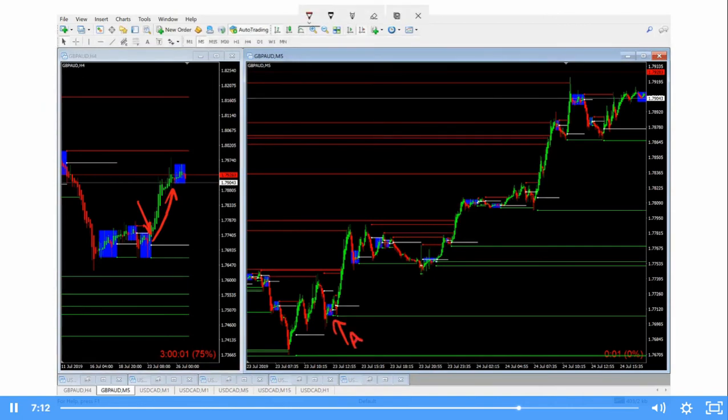But now what ends up happening is that everything after that, as long as your 4-hour over here keeps holding green, then after the grade A signal, you're going to start getting series of grade B signals. So right here would have been a grade B signal, because you had an expansion downward on that dot expansion. You would have had another grade B signal right there on this liquidity line.